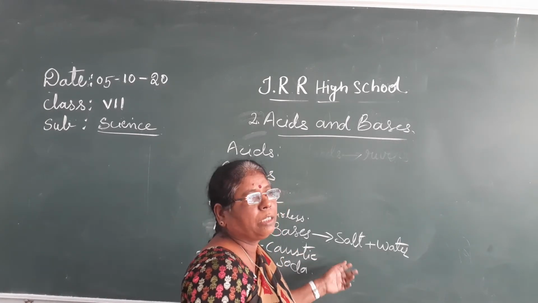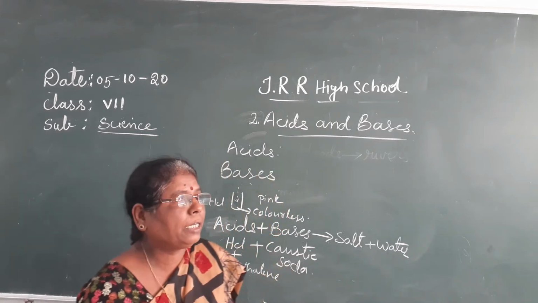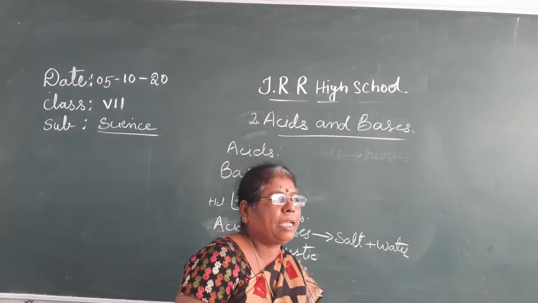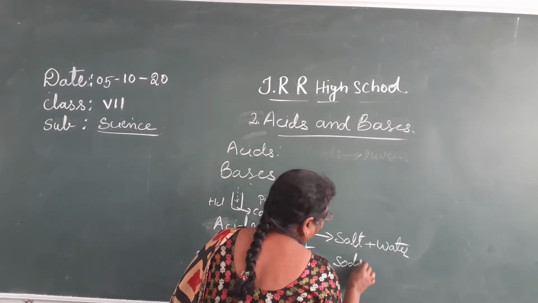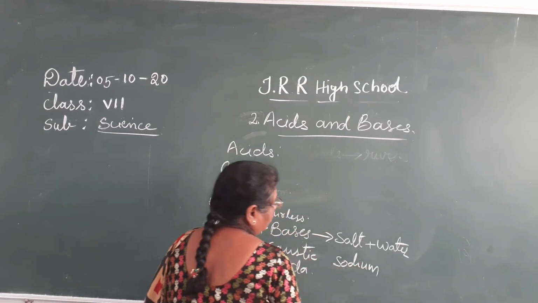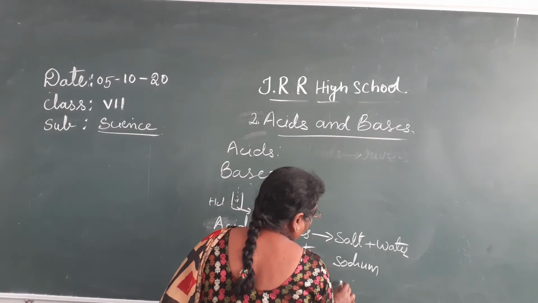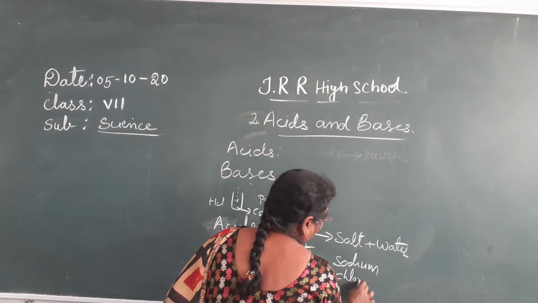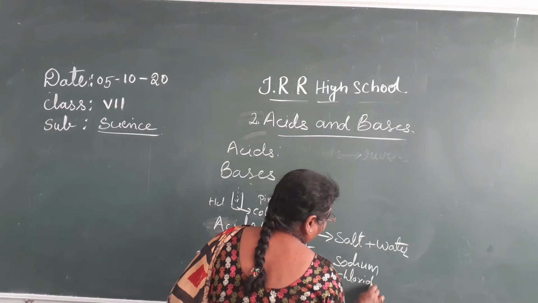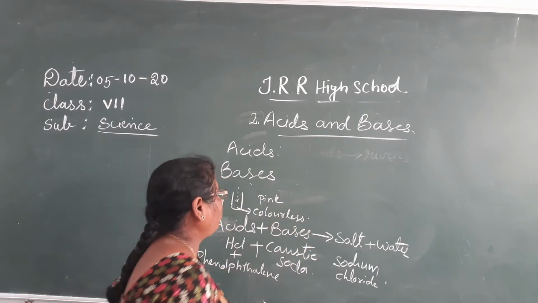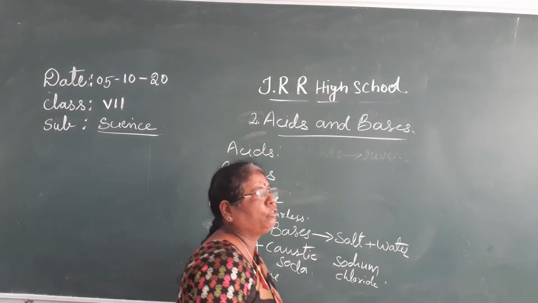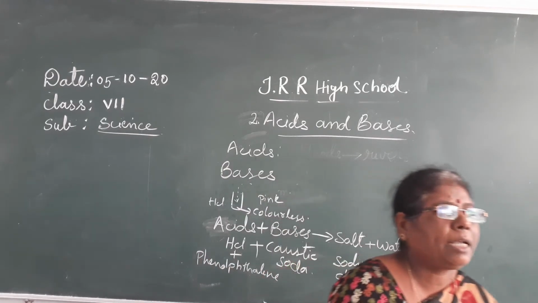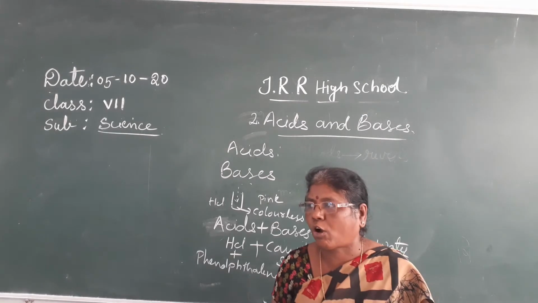The salt which you get here is neither acidic nor basic. Here you are getting sodium chloride. Sodium chloride is neutral, neither acidic nor basic. Sodium chloride and water you got. So this is a neutralization reaction. Neutralization is neither acidic nor basic.